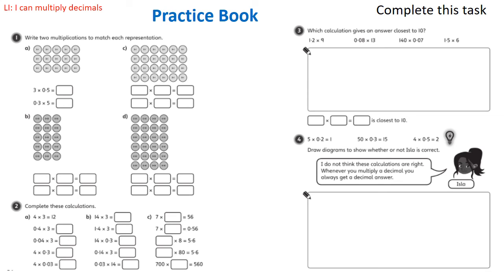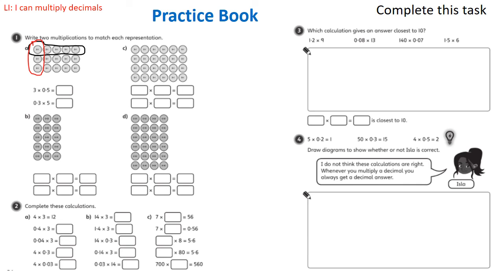So on question 1, those counters are each worth 0.1. So we have 5 counters that way, each of them 0.1. So that's 0.5 altogether. And we have 3 rows.